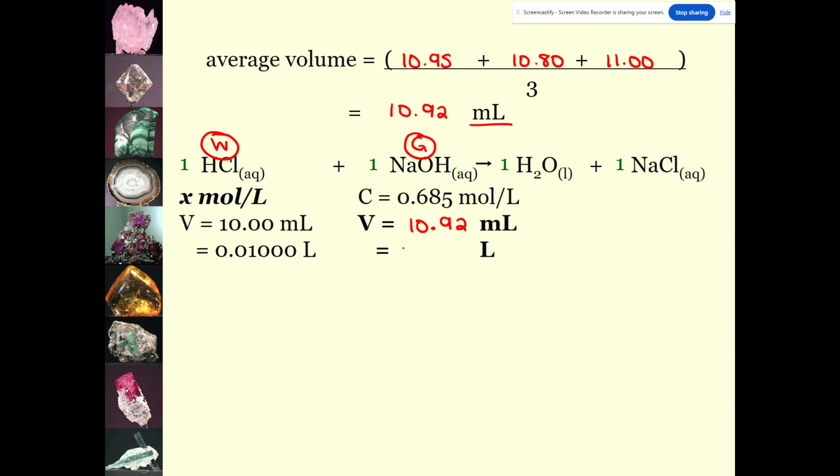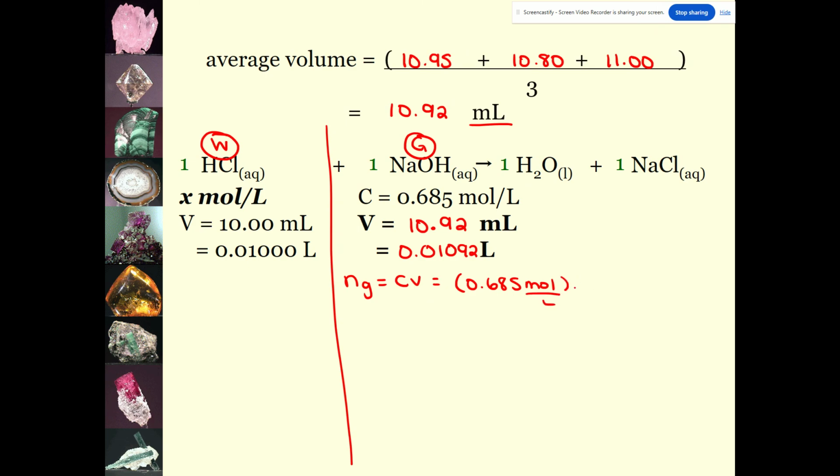Now, this is a solution stoichiometric calculation. Okay? I am going to find the moles of my given with C times V. So 0.685 moles per liter times a volume of 0.01092 liters.